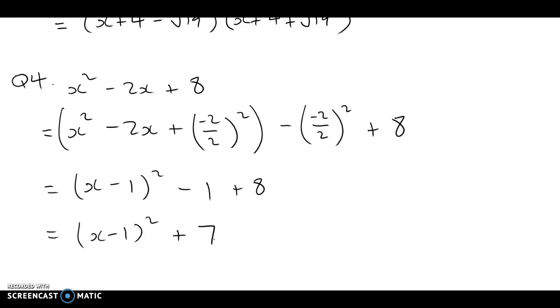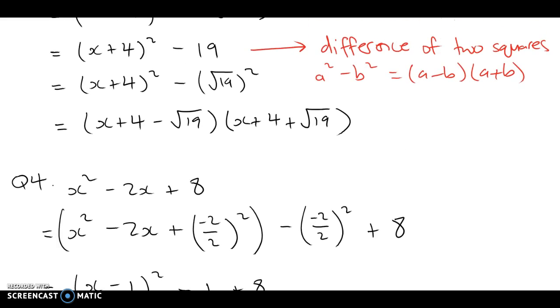Now, you'll notice that we've got a plus here. This is really important because the fact that this is plus 7 means that this is not a difference of two squares. A difference of two squares follows this identity, a squared minus b squared. It has to be a minus.